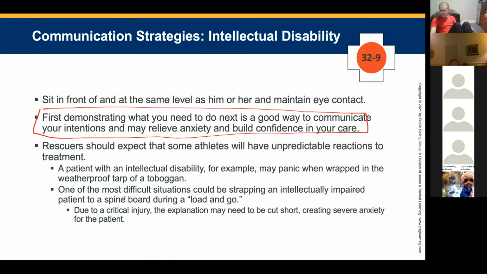Although I would say that if we're truly in this load and go situation, probably most patients are not going to have the mental wherewithal to really know what's going on, if we need to go because they're that critical.